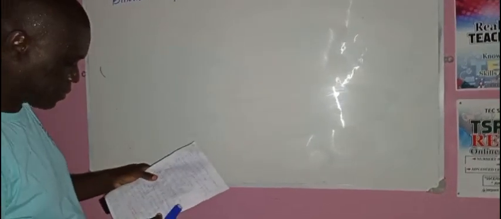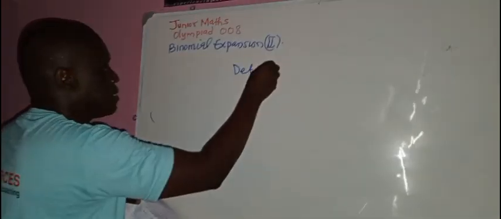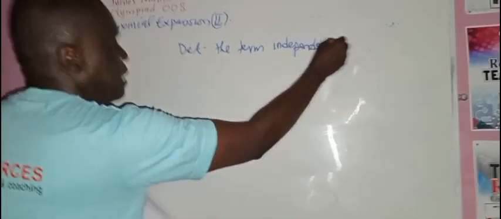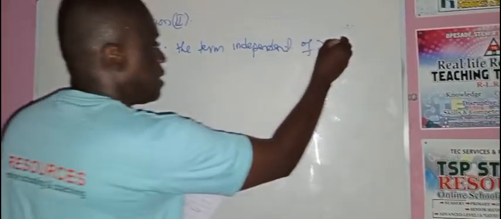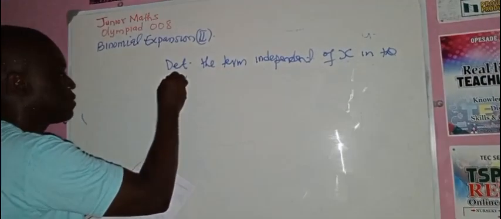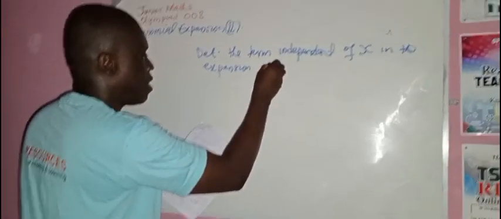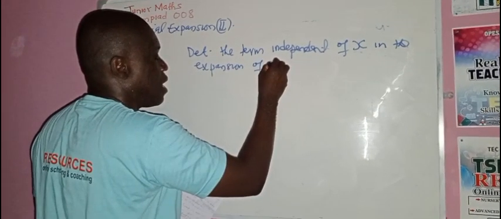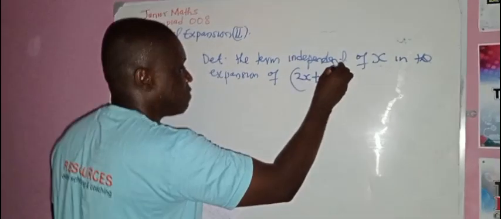Now, look at the next question, please. Determine the term independent of x in the expansion of, let me just come up with something very simple, 2x plus 1 raised to power 5.